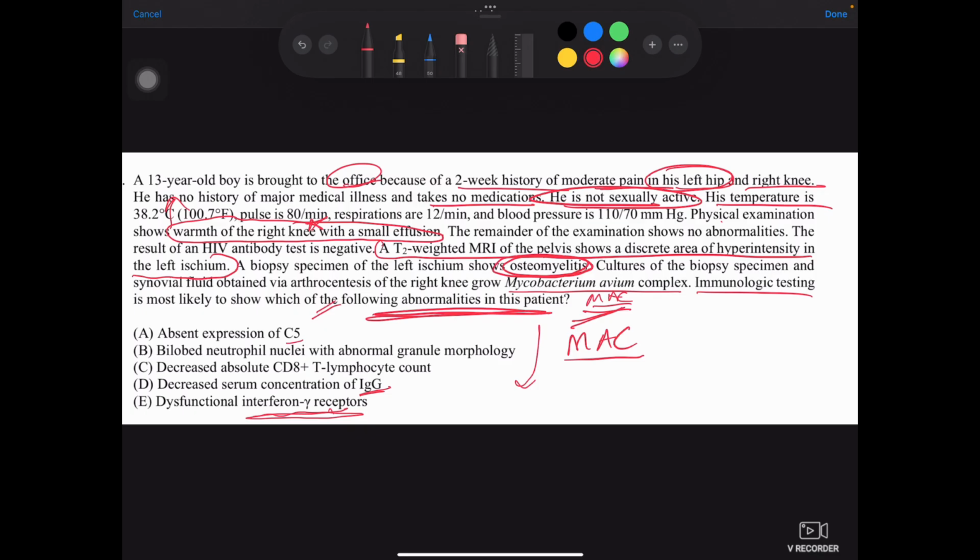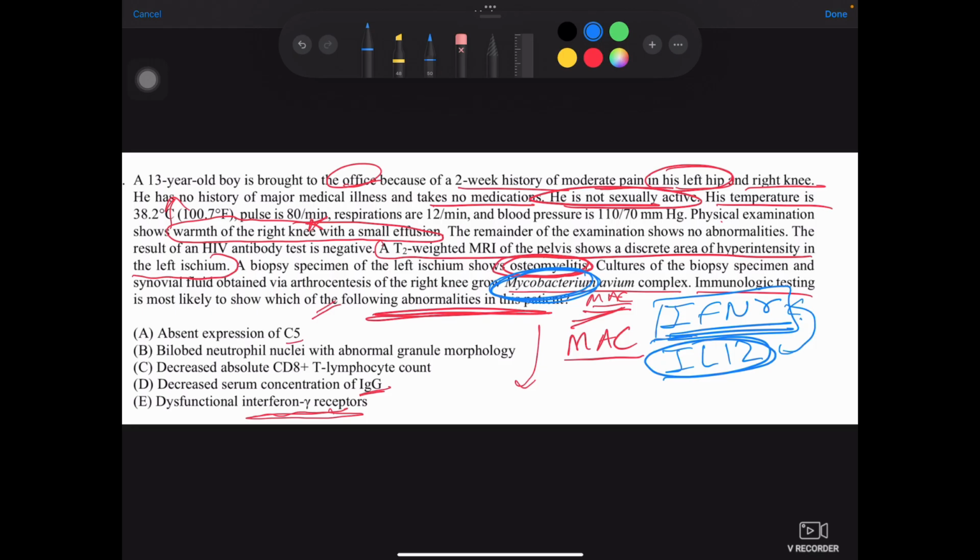What I think here is, this is a Mycobacterium. We have learned in pathology that interferon gamma and IL-12 play a role in controlling Mycobacterium, especially TB, but because it is a Mycobacterium avium complex, we can say that this might also work here.